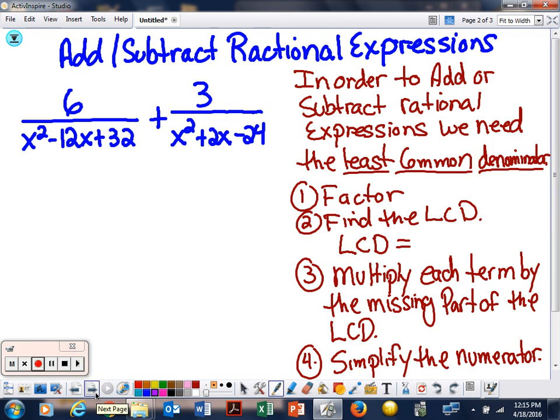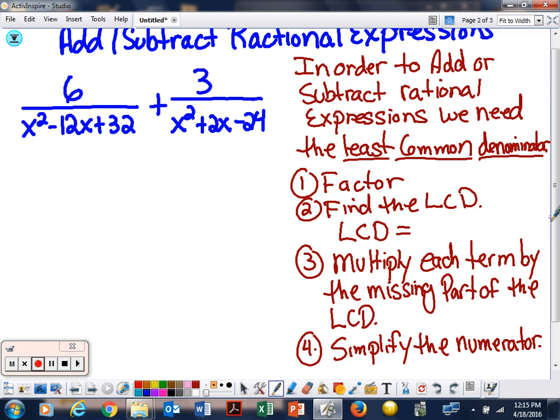All right, the next problem, we are going to add or subtract rational expressions. It depends. You just need to look at the problem. This obviously is an addition problem because we've got a plus sign there. Now, remember, in order to add or subtract rational expressions, we need the least common denominator. Well, the first thing we need to do before we can begin is to factor.